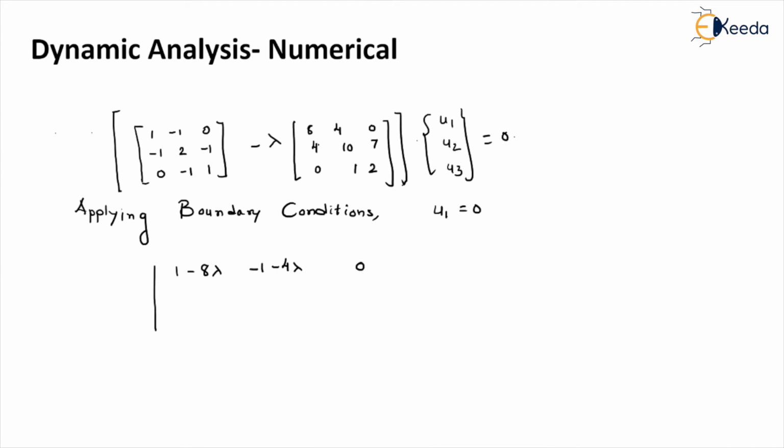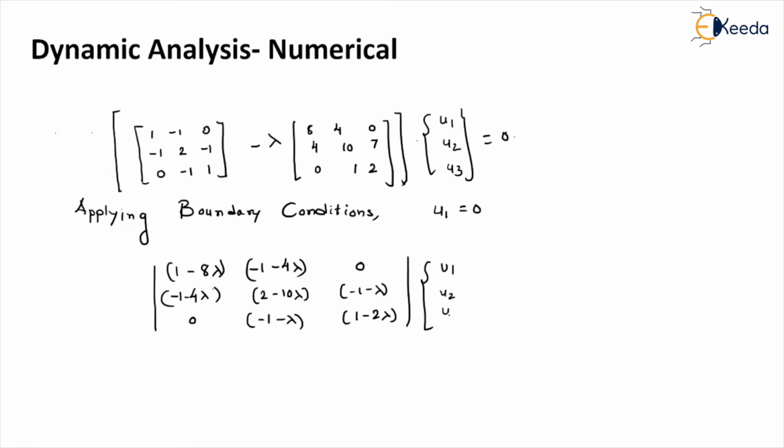Second row, second element: 2 minus 10 lambda; minus 1 minus lambda, 0, minus 1 minus lambda, and 1 minus 2 lambda, into u1 u2 u3 is equal to 0.